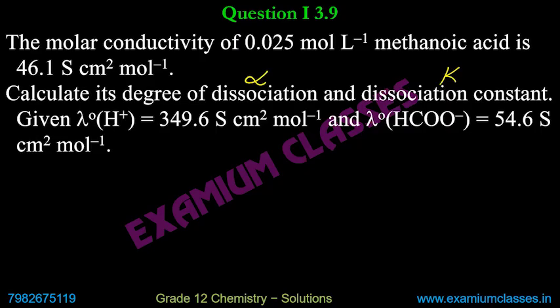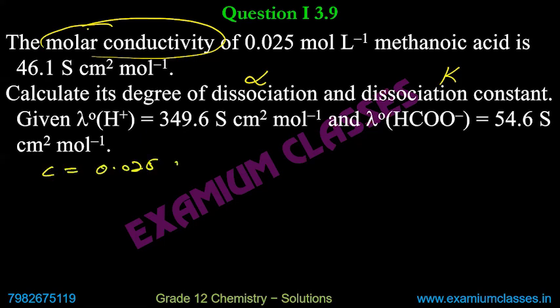The approach is similar. Calculate lambda m naught from the given values. Molar conductivity is given. In this case, lambda m is given. C is given, 0.025 mole per liter. And remember, if you use mole per liter, the formula will be kappa times 1000 by C, although here it might not be required.